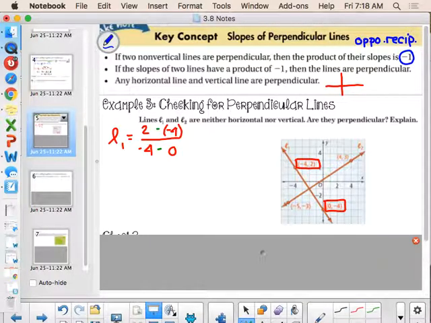When I simplify the slope of line 1, this becomes 2 plus 4 on the top, so that becomes 6, over -4 minus 0, so over -4. This simplifies to a slope of -3 over 2.